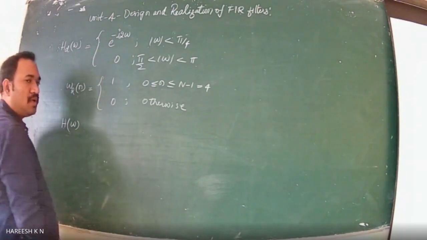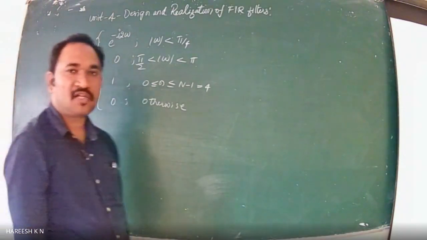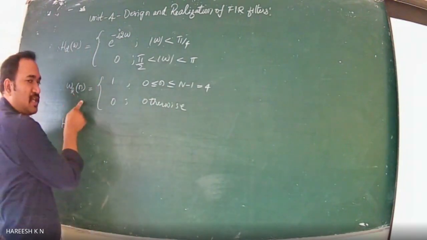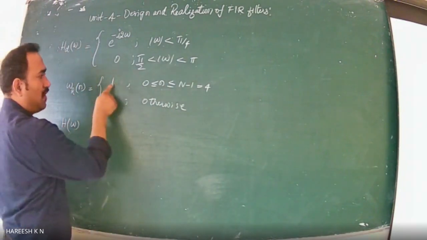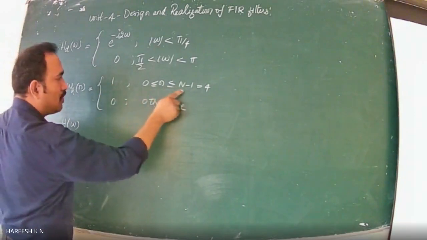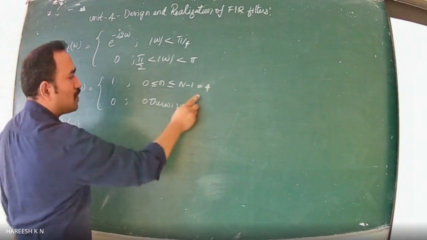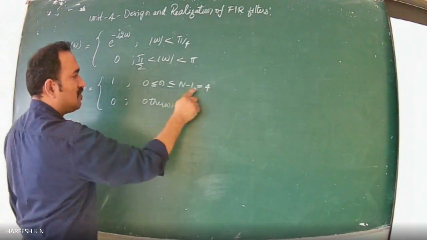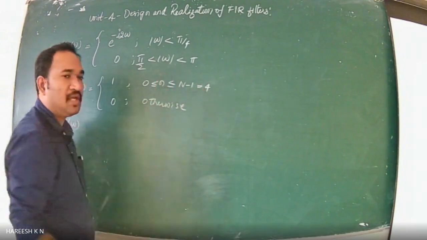They also mention that the window we are supposed to use is the rectangular window, which is 1 for this range and 0 otherwise. This range is from 0 to N minus 1, and N minus 1 is 4. Therefore, N is equal to 4 plus 1, so N will be equal to 5.